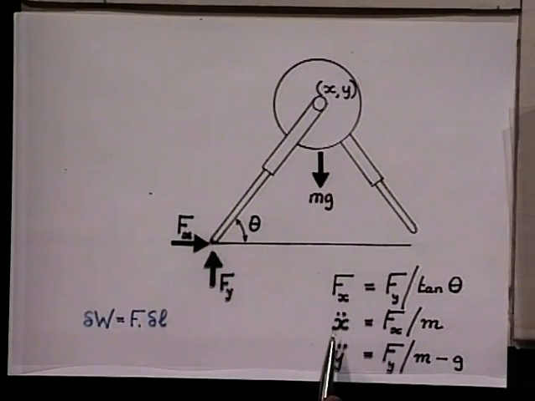Then the horizontal acceleration is equal to the horizontal force divided by the mass. The vertical acceleration is the vertical force divided by the mass minus gravitational acceleration.